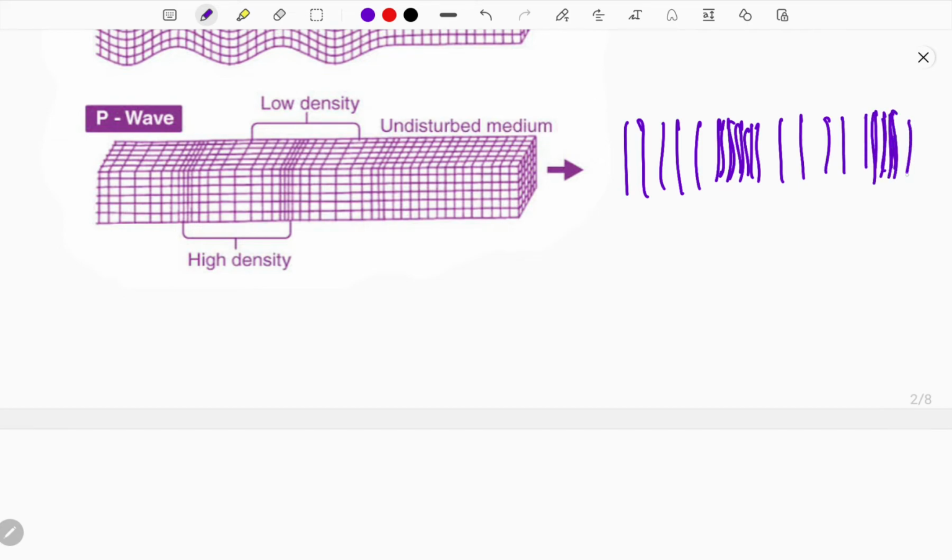Whatever you are seeing here is called compression. So the wave is compressed. This part is called rarefaction. So here compression of the wave is happening, and here rarefaction of the wave is happening. Overall, this wave is a composition of compression and rarefaction.